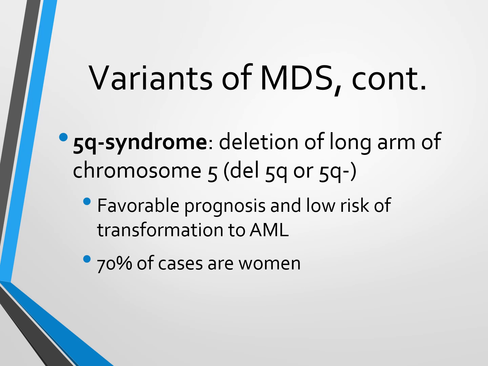Most people with this variant of MDS have a favorable prognosis and have a very low risk of transformation to AML, assuming that this is the only cytogenetic abnormality that they have. And in this particular variant of MDS, 70% of the cases are women. Now, in other variants or other types of MDS, we do have a higher prevalence of men over women, but this is the exception to the rule.